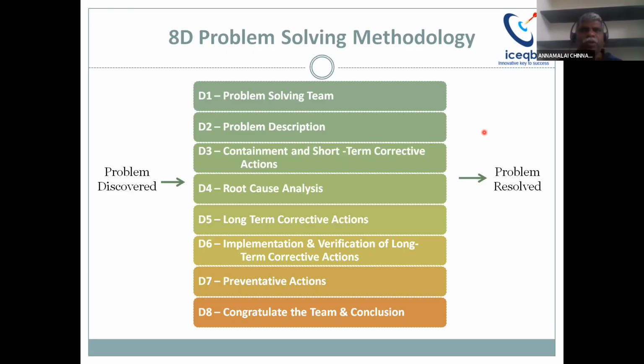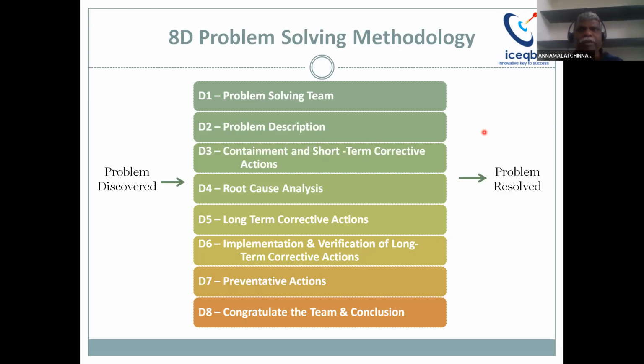You just try to put those materials on the fire and put out the fire. That is the priority now. At that point of time, you cannot spend a lot of time trying to find out the root cause of the problem. What is immediately needed is a containment action.